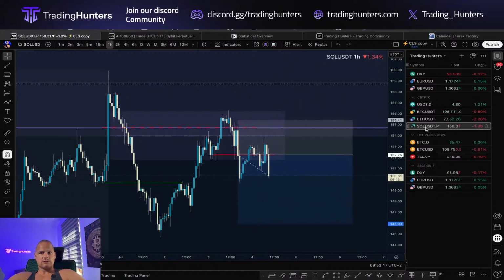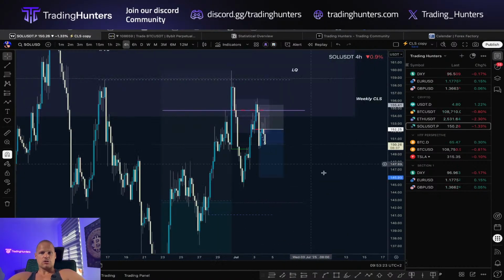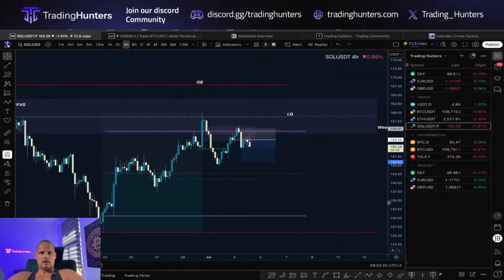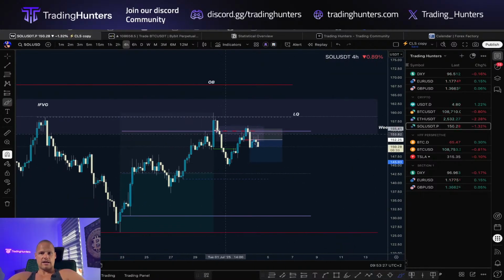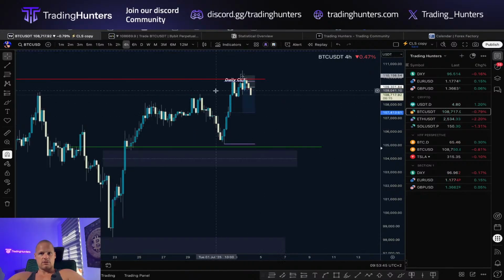Because the Solana is very volatile because it has a much lower cap than Bitcoin. And look, the range was created in here, and here was already the change in the order flow. So Solana was actually already preparing the setup in here. Now Ethereum was still going up and doing its thing. And look, the Bitcoin was the latest one.